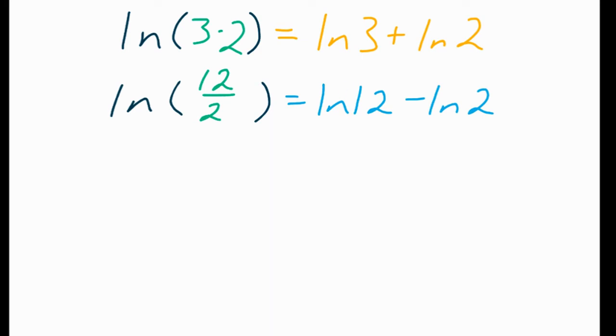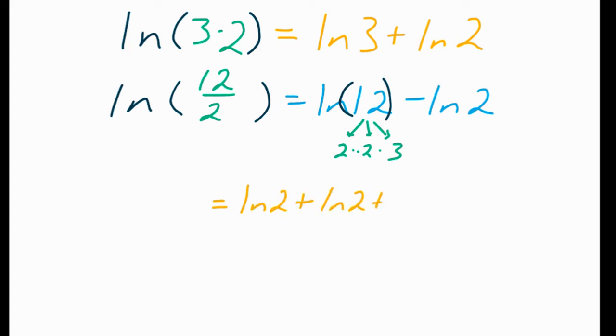But the number 12, that's right, it's not really down to its prime factors. In fact, if I dig a little deeper, I could argue that 12 is really 2 times 2 times 3. Now I have the multiplication of 3 numbers, which is going to give me the addition of 3 logs.